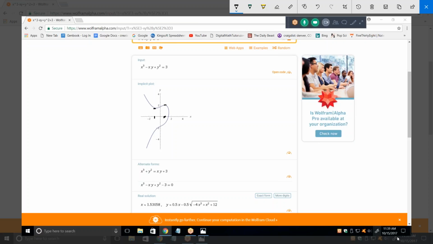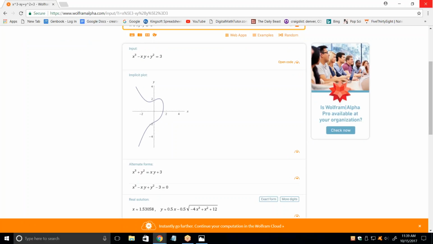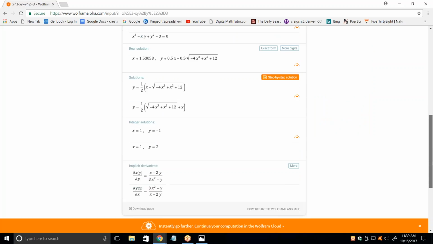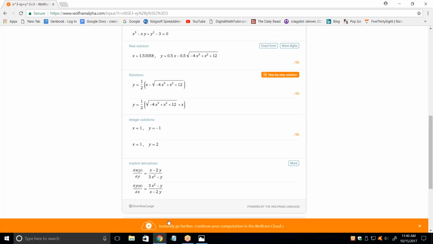I guess if I plug in, I don't know, I'm a little bit at a loss on how to proceed with this, even looking at a graph. Yeah, me too. So let's go on. Integer solutions. There's our 2 points that we came up with, 1 and minus 1 and 1 and 2.